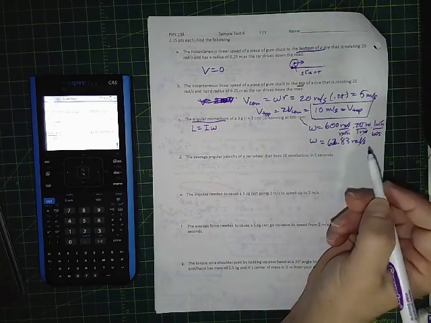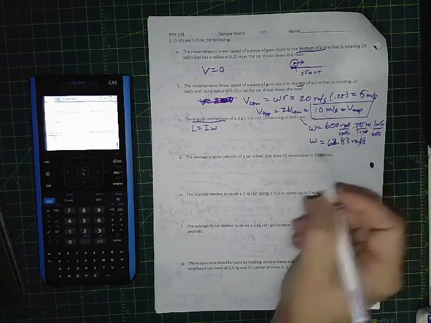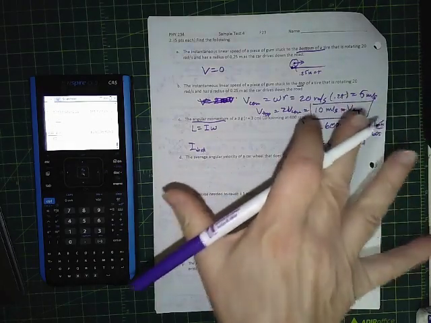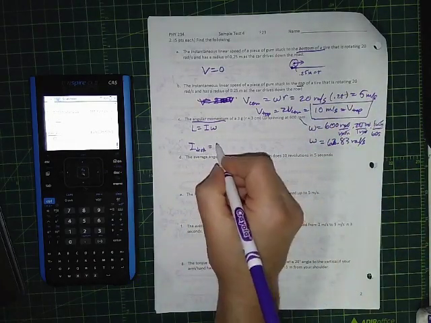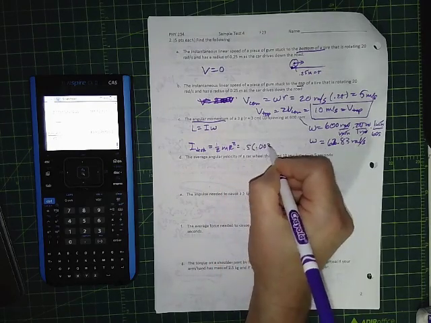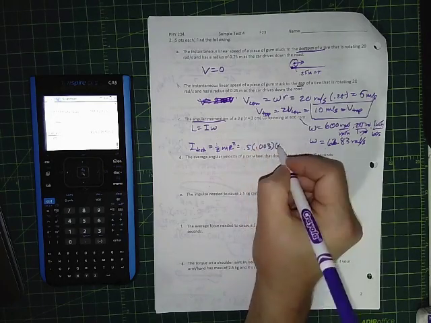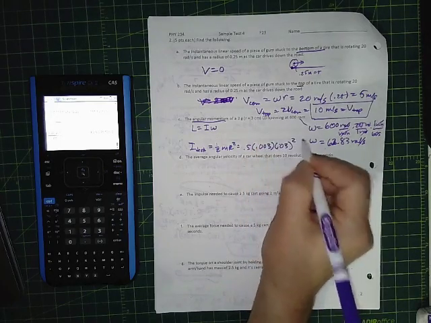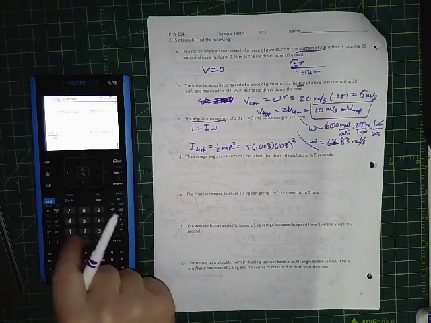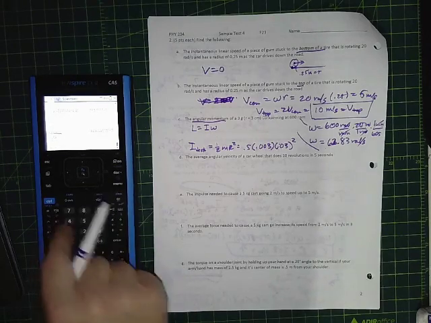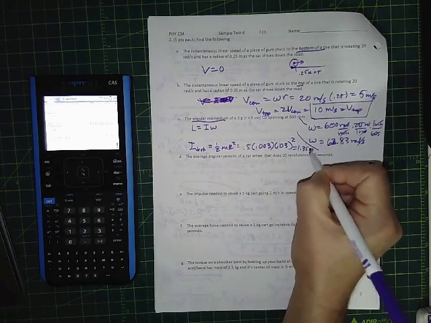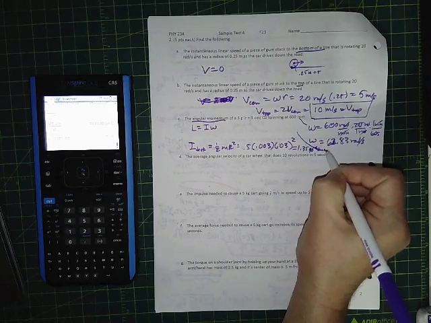Now we need I. This again is just a disk. Use the disk formula: I disk, a short flat cylinder, is 1/2 mr squared. So 0.5 times m, which is 0.003, times r squared, 0.03 squared, gives 1.35 times 10 to the negative 6 kilogram meter squared.